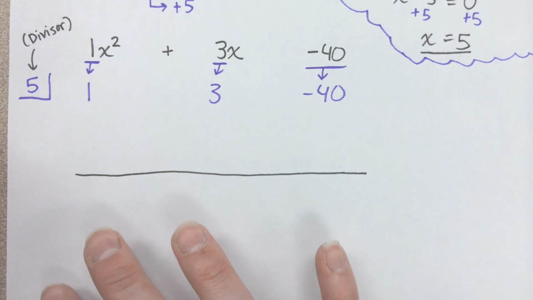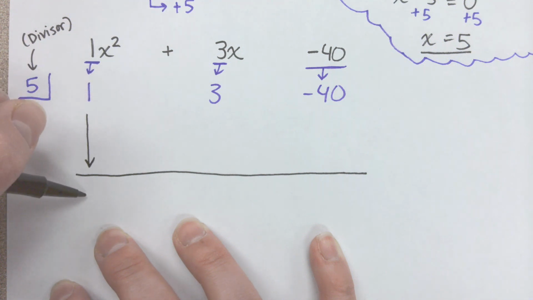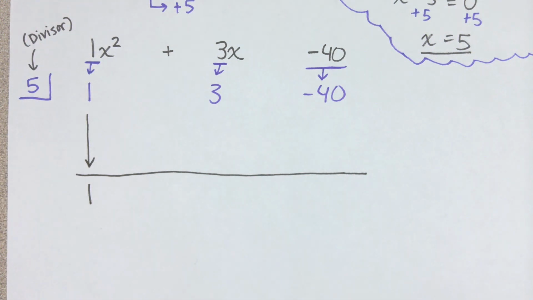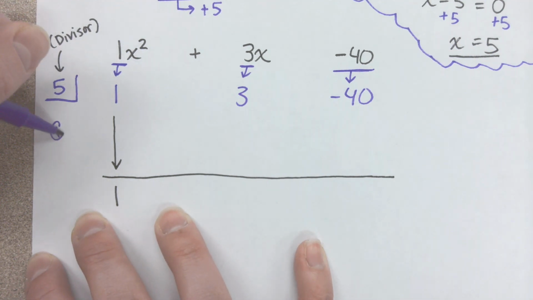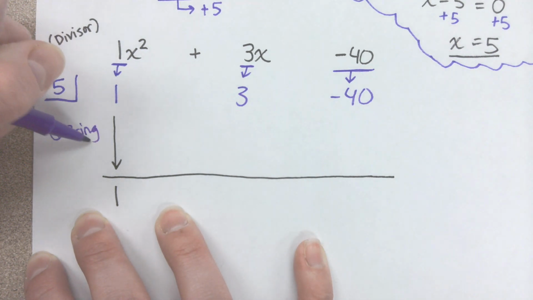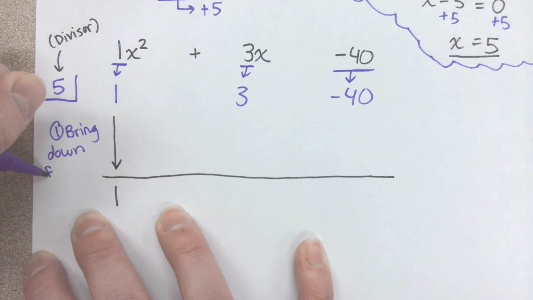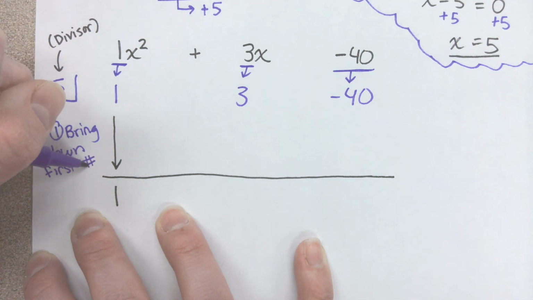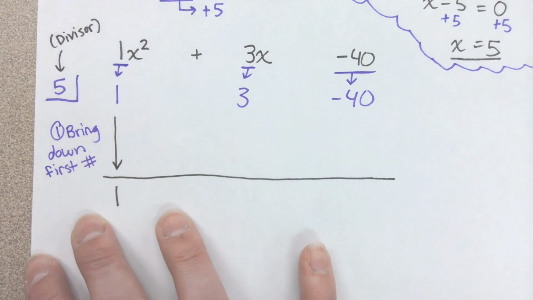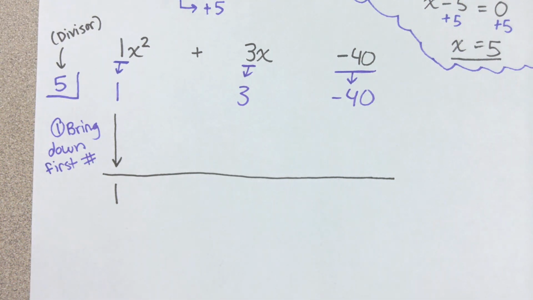Very first thing you do is you take the first number, which is 1, and bring it down and write it under the black line. So step 1, bring down first number, not the divisor, but the first number after that.